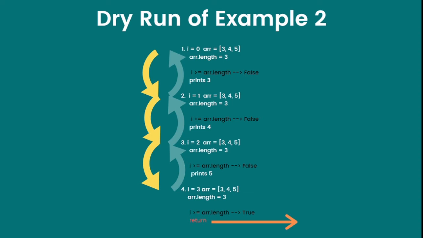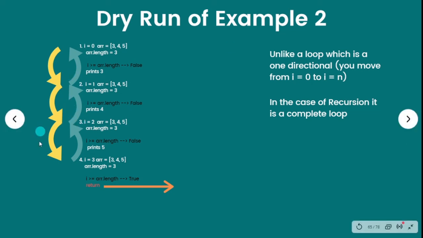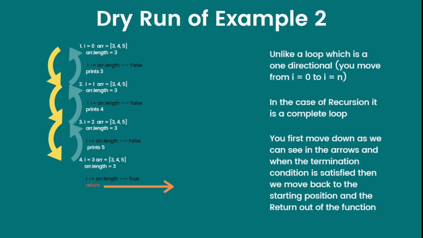So this is something a lot of people don't understand. Unlike a loop, which is one directional, in the case of recursion, it's a complete loop. And you can see that here with this diagram right here. You first move as we see in the arrow.